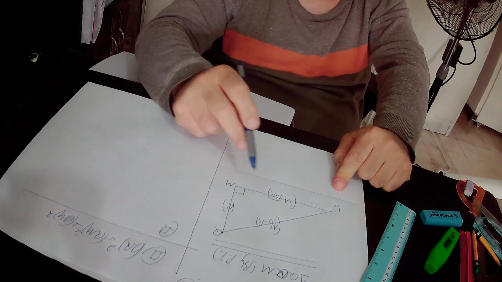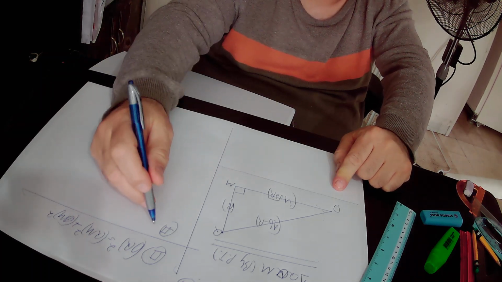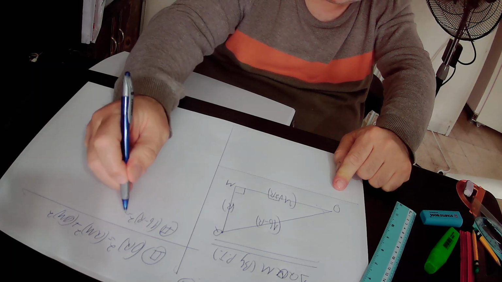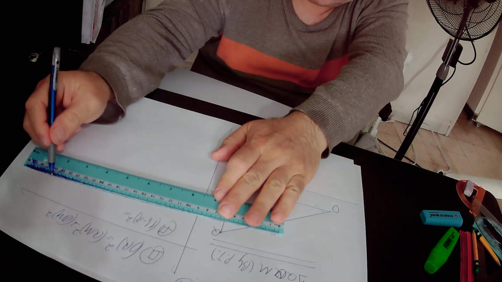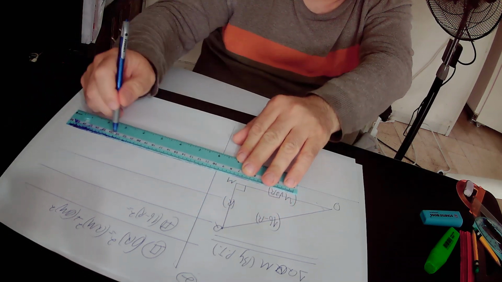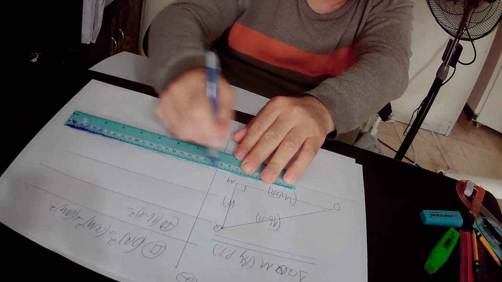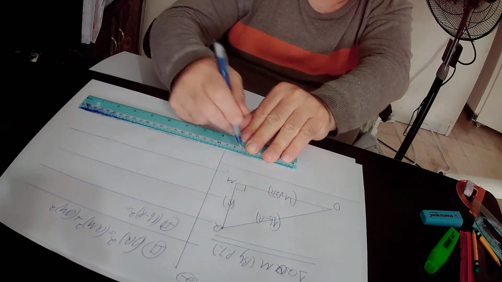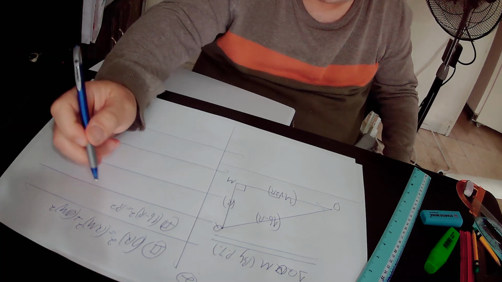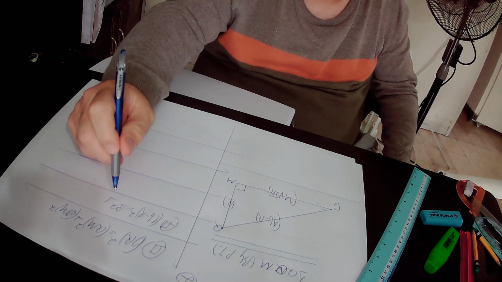The hypotenuse OQ is 16 minus R, therefore OQ square is (16 minus R) square, and it equals QM square. QM is R, therefore QM square is R square, plus OM square.